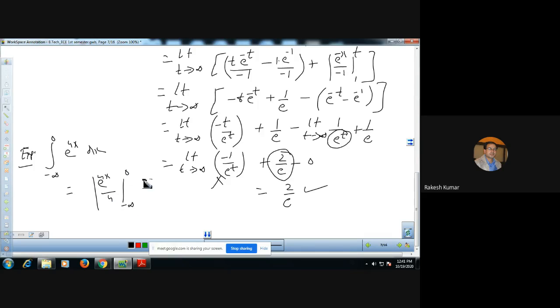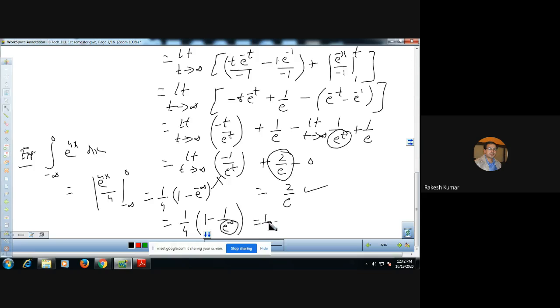That is minus infinity to 0. For the upper limit 0, this comes out to be 1. And for the lower limit minus infinity, this will be like this. So 1 over 4, 1 minus 1 over e raised to power infinity. And e raised to power infinity is infinity, and 1 over infinity will give you 0.